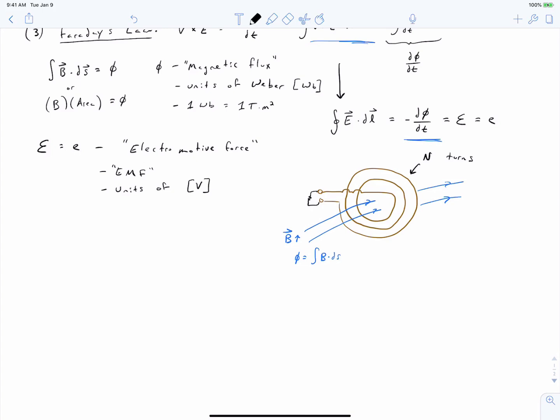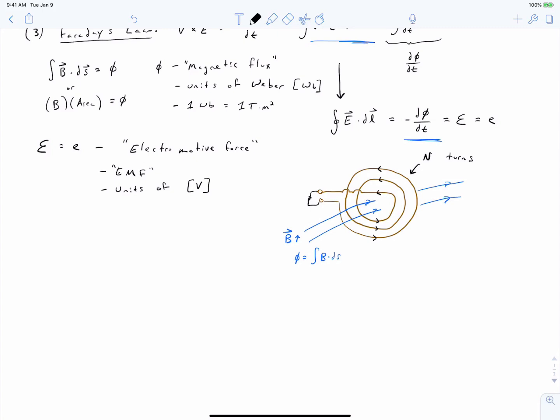You can refresh yourself on the right-hand rule for the direction and the sign of this. Our book gives you some reference to this. You can see that the direction of current, in order to create a field that will oppose the increase of our blue flux lines, is as I'm labeling right now with these black arrows.